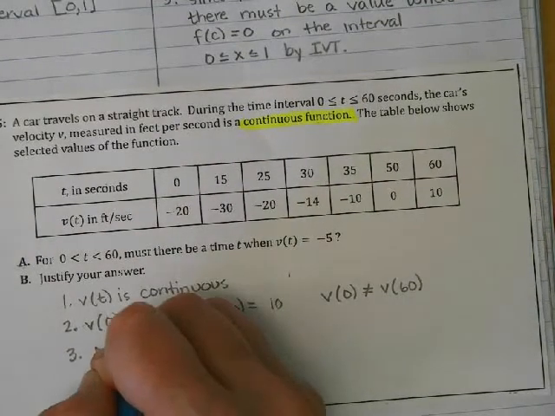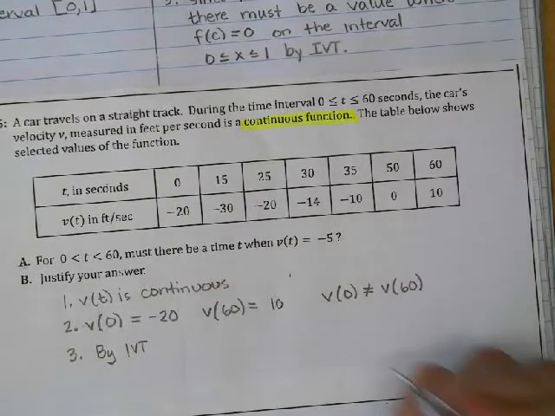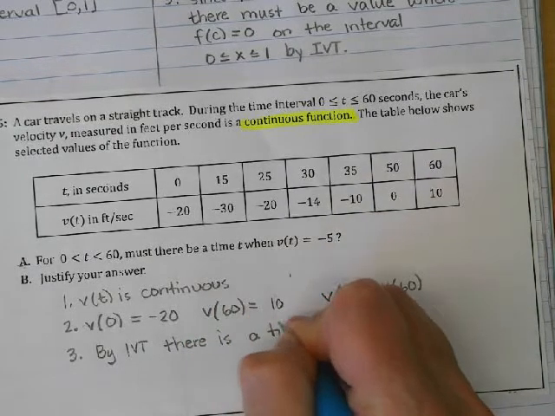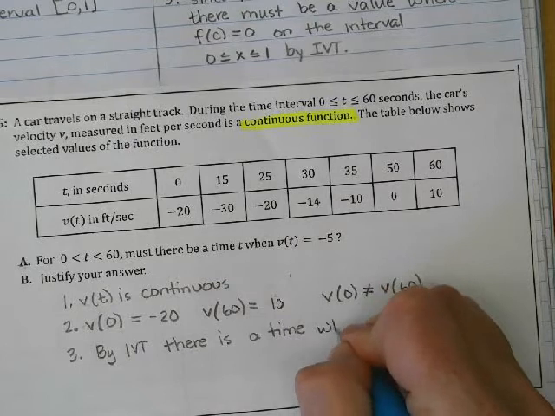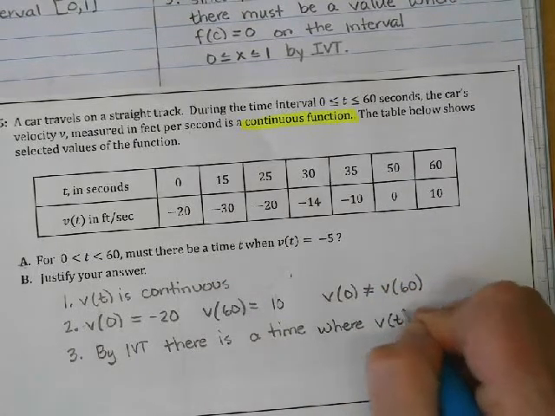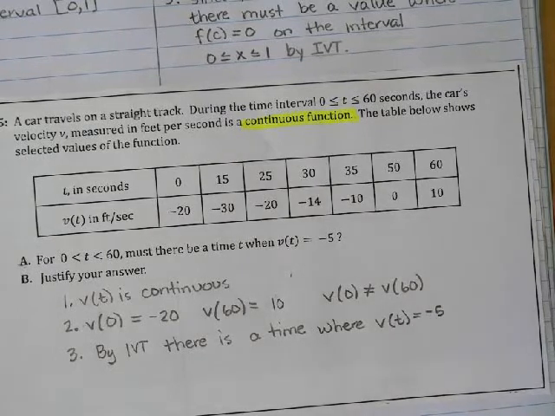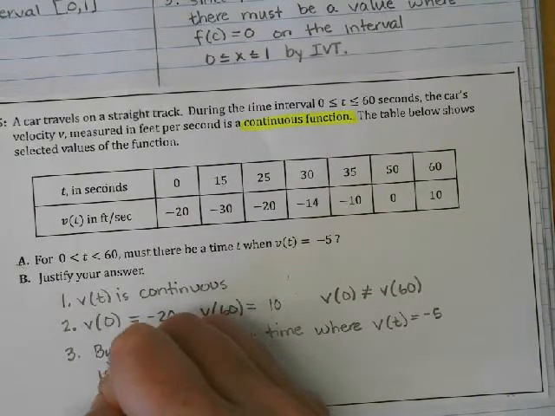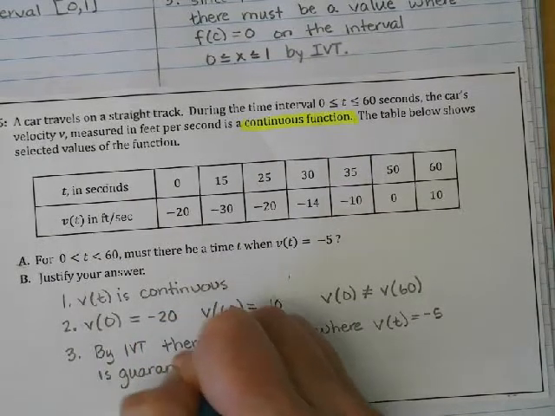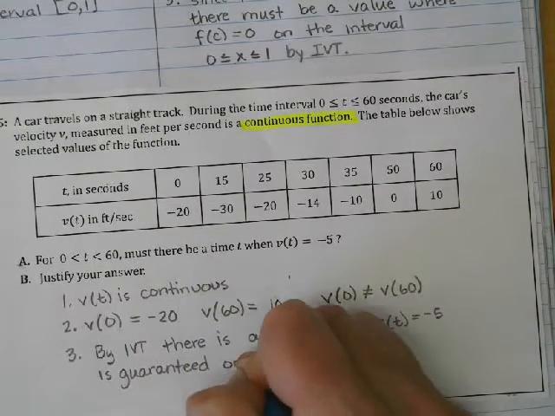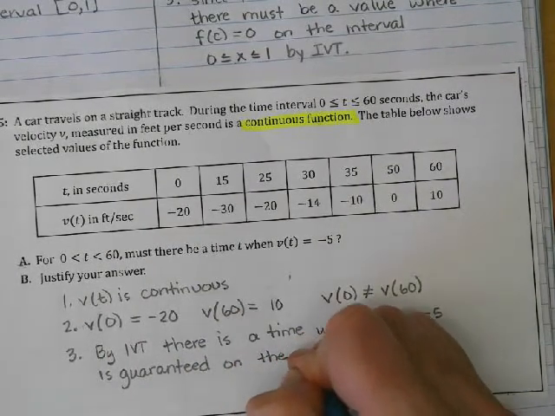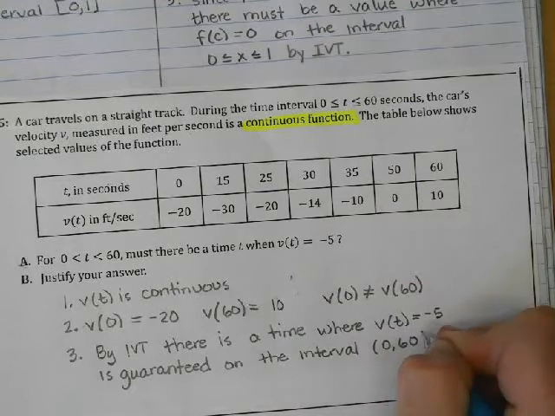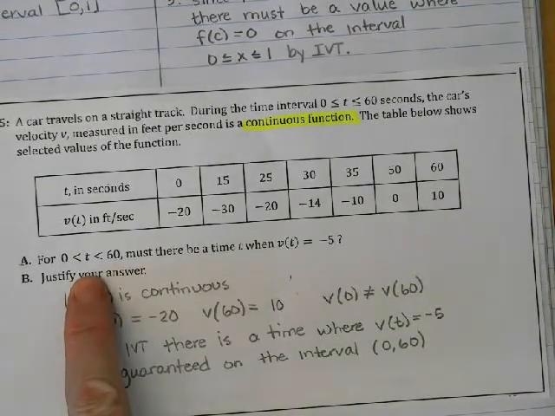Okay, so now, by the intermediate value theorem, there is a time where v of t equals -5 is guaranteed on the interval, and I'm just using the open interval right there.